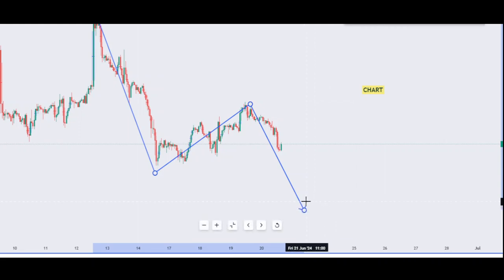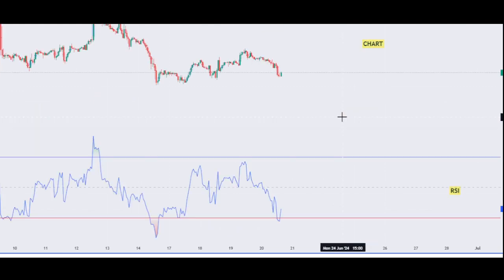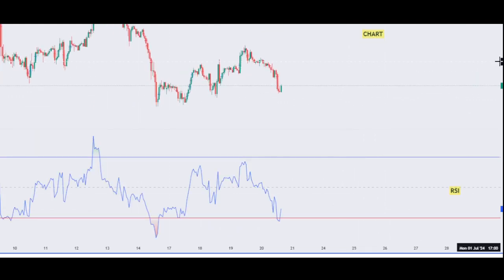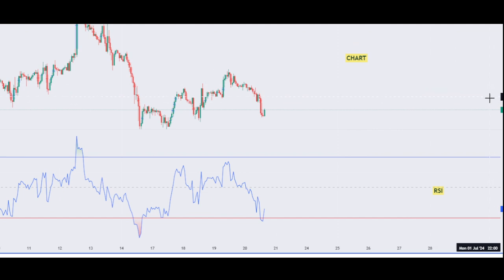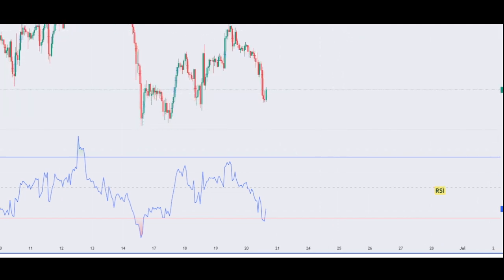Now let us look at the substructure, the minor structure. Looking at the minor structure, you will realize that we're having another formation of price action like this, whereby the market is giving us a high, lower low, lower high, lower low, lower high, then we're having a lower low.